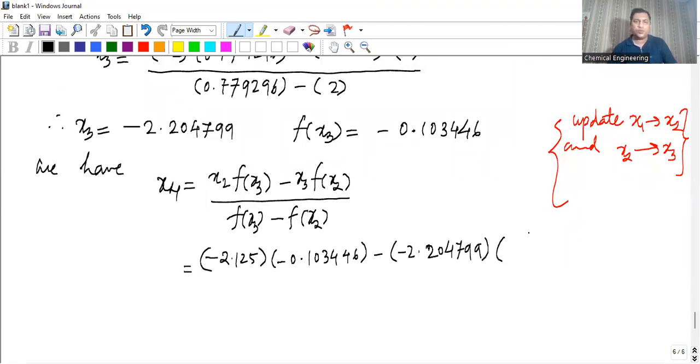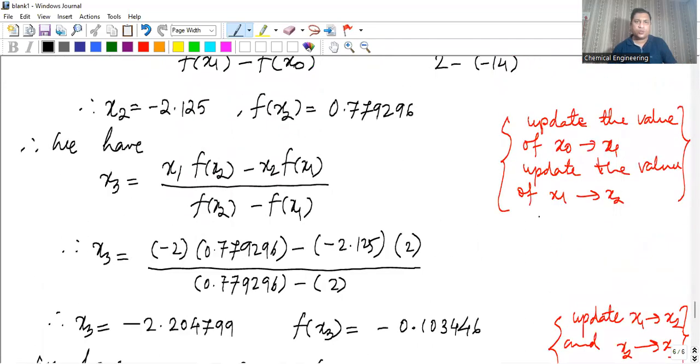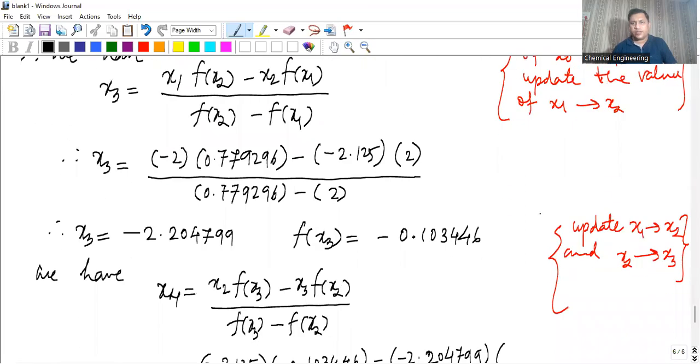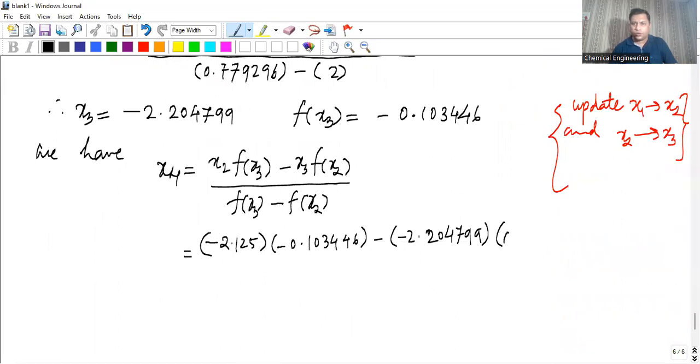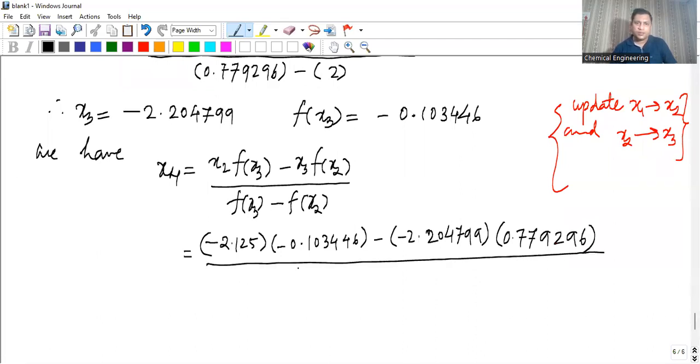And f of x2 we have calculated, so it is 0.779296. And here we got f of x3, so it is minus 0.103446 minus 0.779296. So we calculate x4 here.